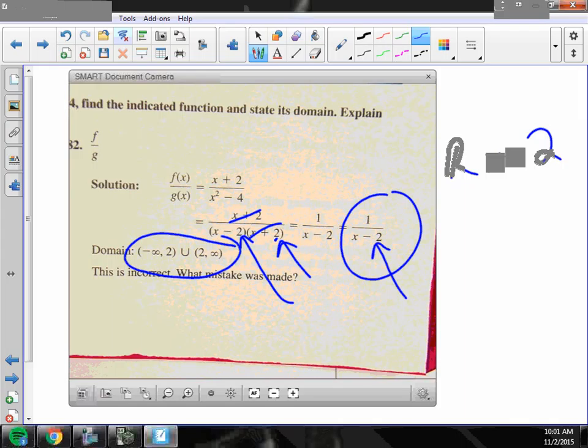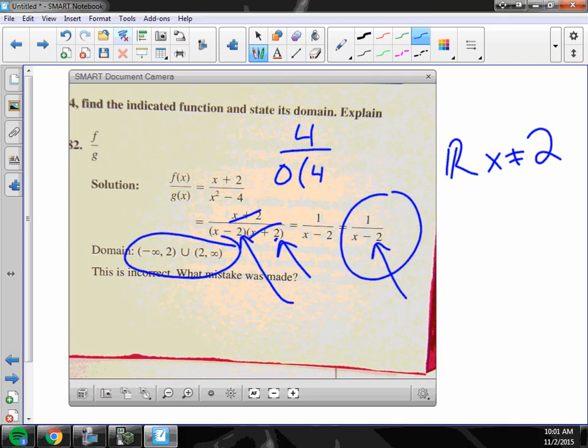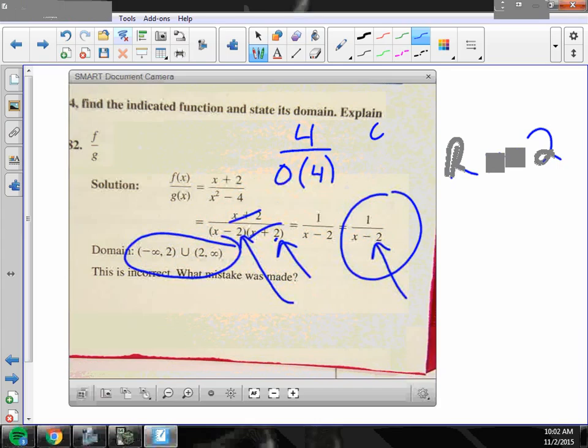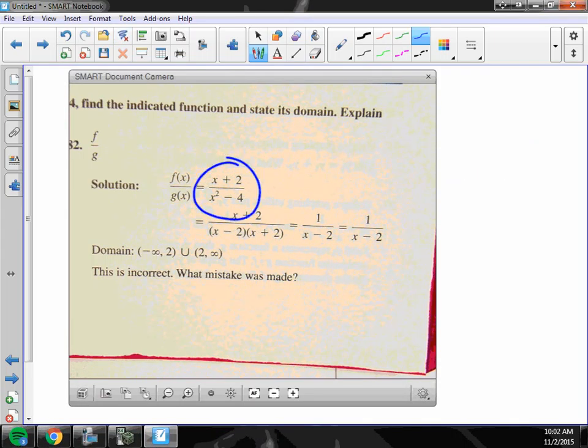If you plugged in 2, you'd get 4 over 0 times 4. That's a problem. If you plug in negative 2, you get 0 over 4 times 0. So this is the function, and we simplify it down to 1 over x minus 2.